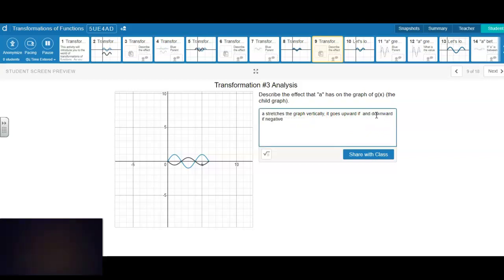It's probably more accurate to say greater than 1. And it's downward if less than 1. But we could also say that positive is above the x-axis and negative would be below the x-axis.